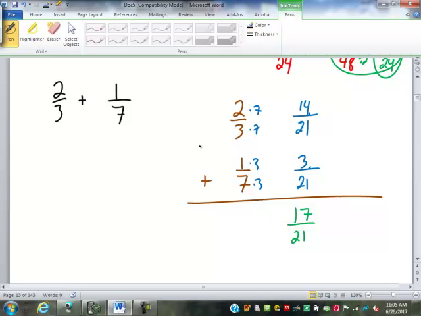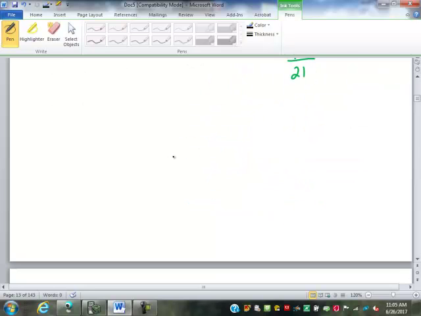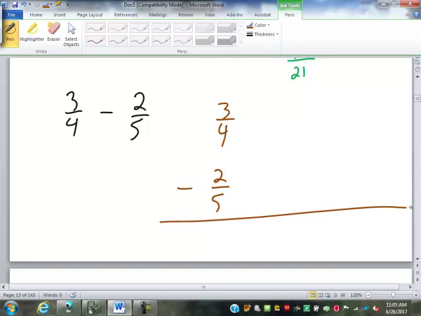Subtracting is just as simple. If I have 3/4 minus 2/5, the process is the same. I must first find my common denominator. For fourths and fifths, it's going to be 20.